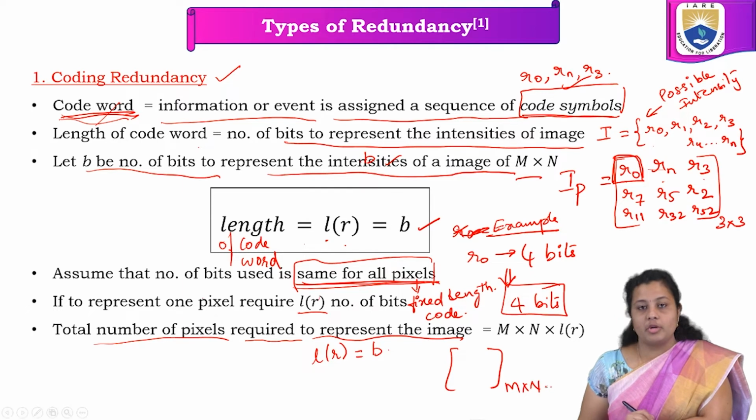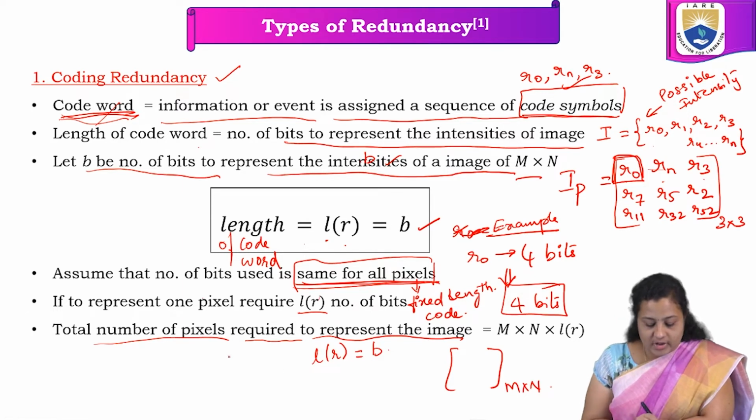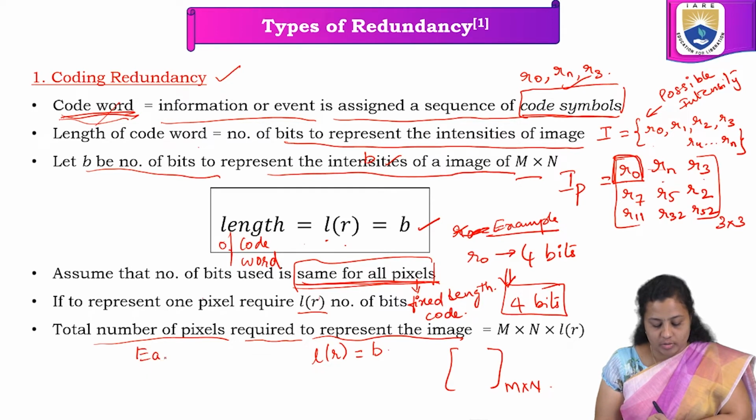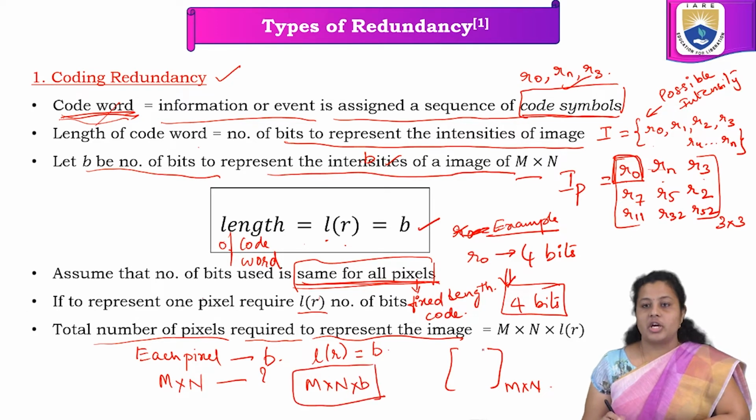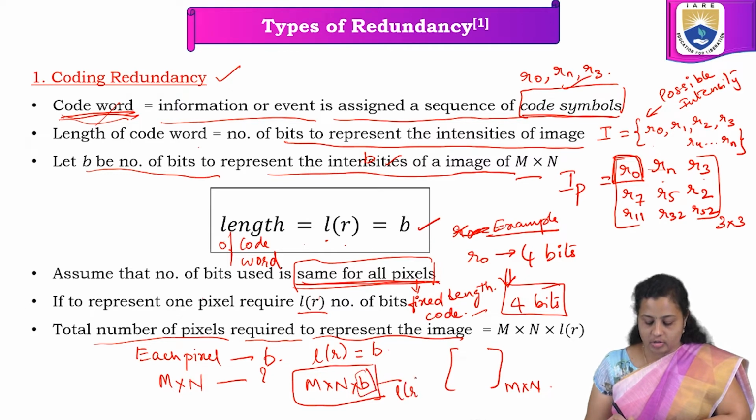If representing each pixel requires B bits, then an m cross n image has m cross n pixels, so we require m cross n cross B bits. Since we are using a fixed length code, B can be represented by L of R, the code word length. So the number of bits required to represent a fixed length coded image is m cross n cross L of R.